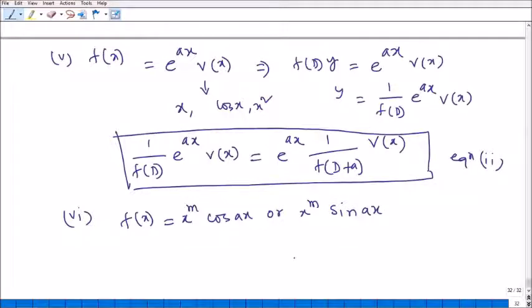For this type of function, again you have to convert this cosine and sine term into the exponential function using the Euler formula, and then you apply this exponential shift formula. We will not discuss the proof of this formula. It can be easily proved.